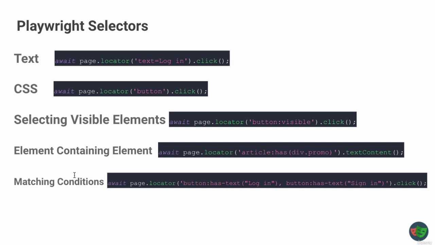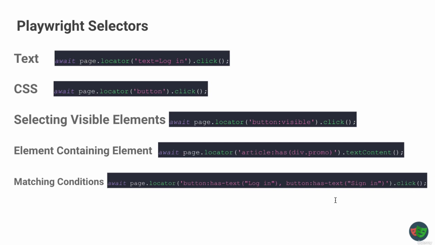You can also have matching condition locator strategies like this one. What this one means is you can either locate a button that has the text login, or you can locate a button that has the text sign in. So if one of these conditions is fulfilled, the selector will click.